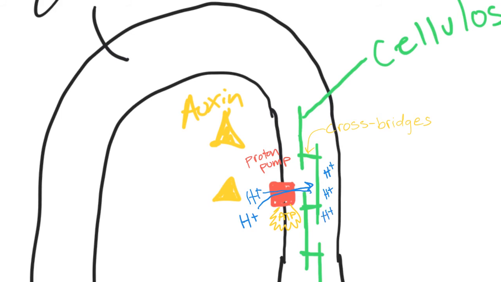And if you have an increase in protons or an increase in hydrogen ions, what happens to the pH? All right, pH lowers as a result of this, which means it becomes more acidic.